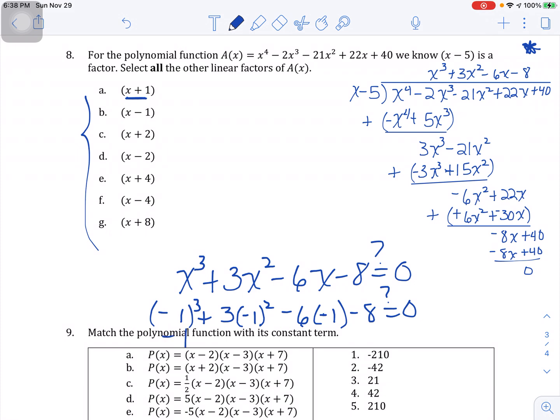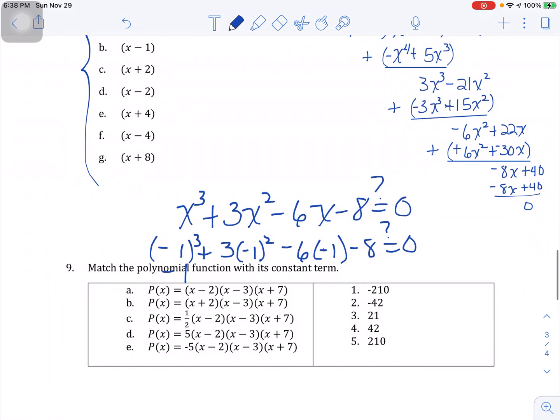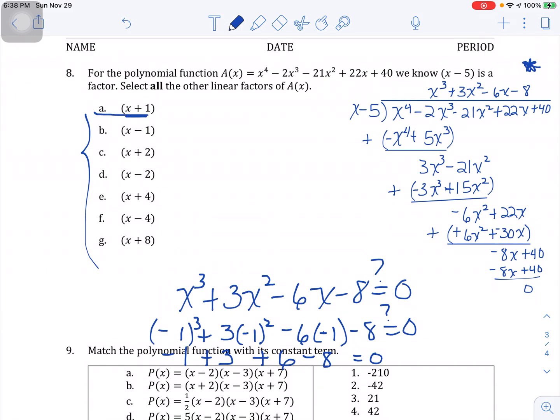Plus 3 times negative 1 squared would just be plus 3. Minus 6 times negative 1 would be plus 6, and then minus 8. So yes, we do. We have negative 8 and negative 1 gives you a negative 9, and then a positive 9. So this does equal 0. So letter A is a factor. So now we have another factor right away.